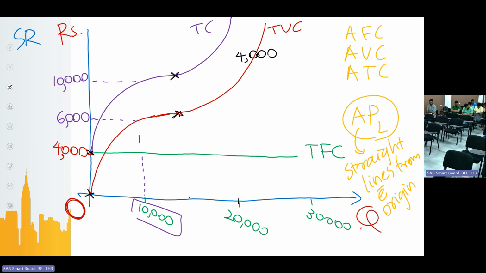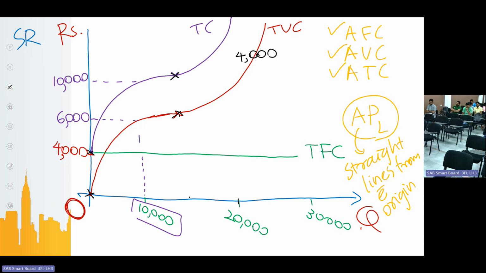Here also, to measure average fixed cost, average variable cost, and average total cost, we draw straight lines from the origin to each curve. When we draw straight lines from the origin to average fixed cost, the slope values of those straight lines will measure average fixed cost.